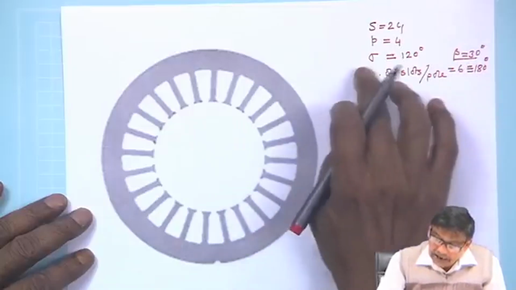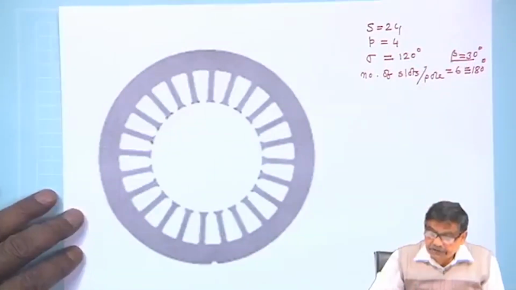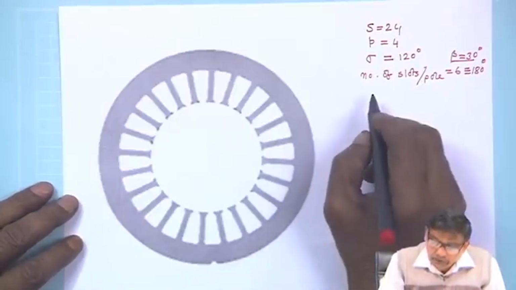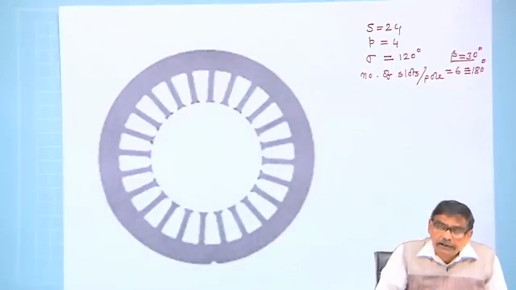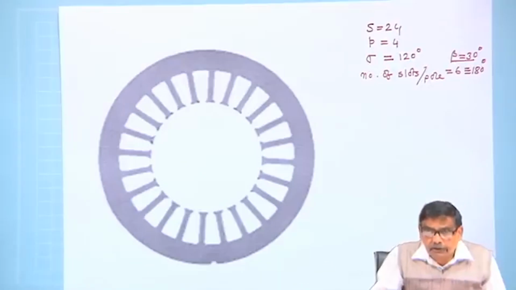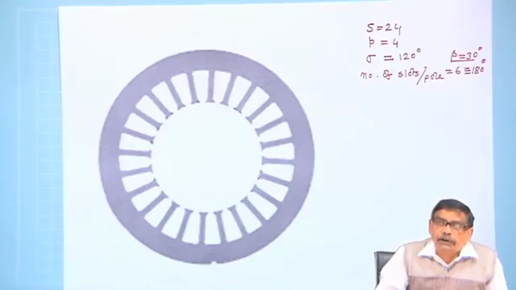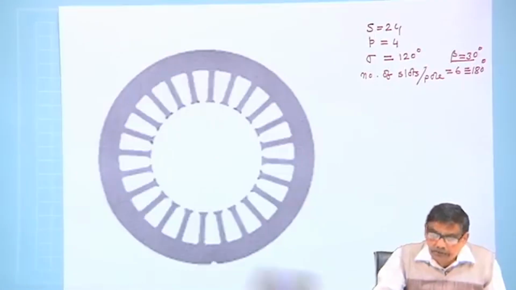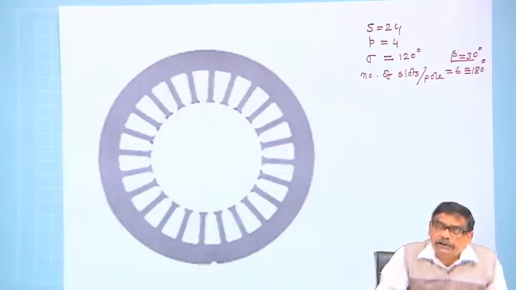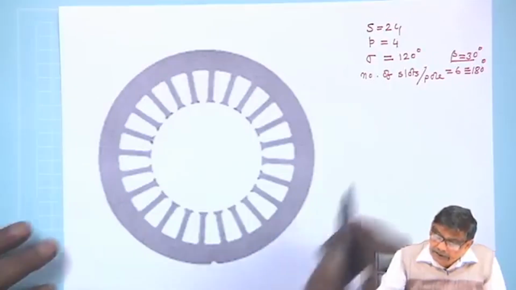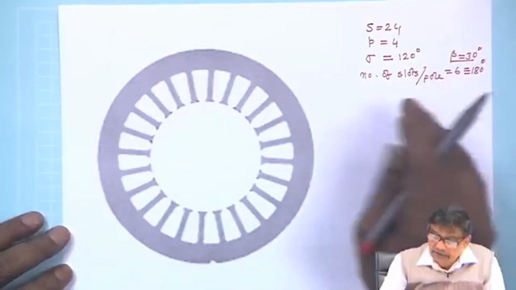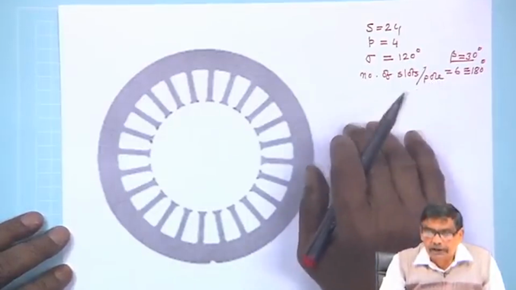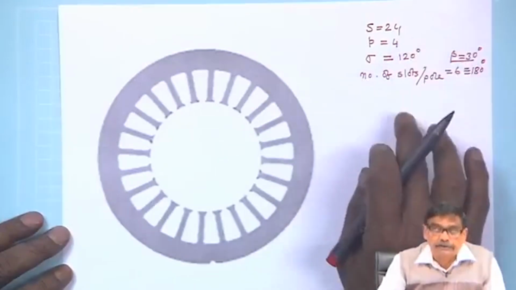But to carry out the 120 degree phase spread winding, you should allot under a pair of poles 1/3 of that 360 degrees, that is 120 degrees to R phase, 120 degrees to Y, and the rest 120 degrees to B phase. Therefore, here how many slots should I spread for R phase coil?